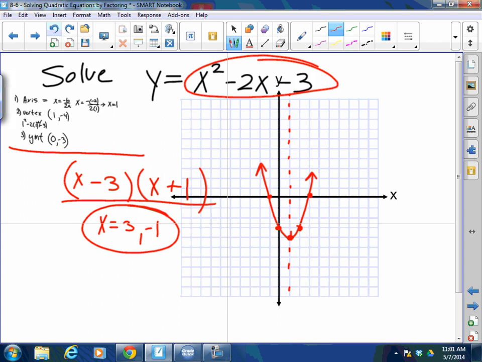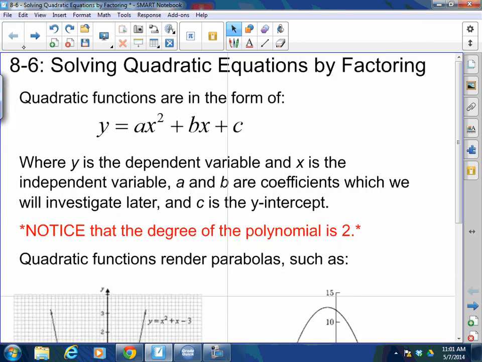Okay? Now, let's get to the lesson. We know already quadratic functions are in the form of y equals ax squared plus bx plus c, where y is the dependent variable and x is the independent variable. We know that a and b are coefficients, which we will investigate later. Actually, later already happened.